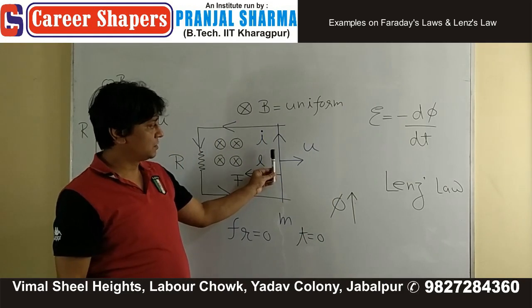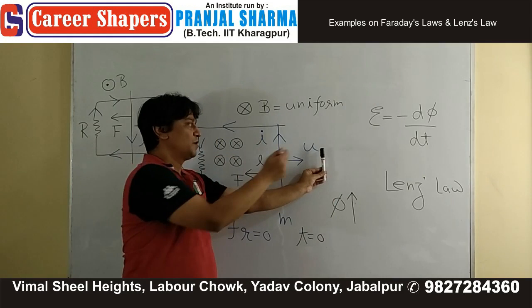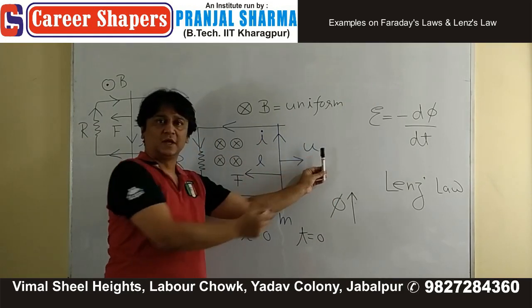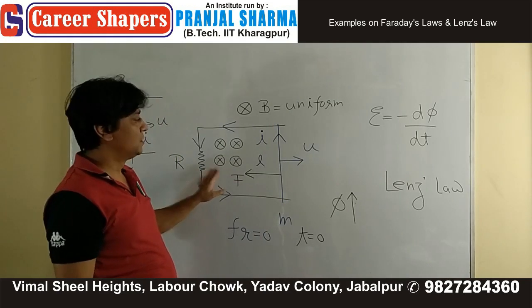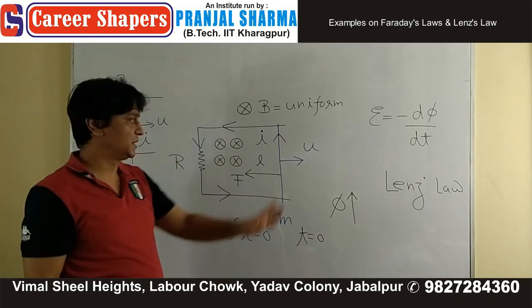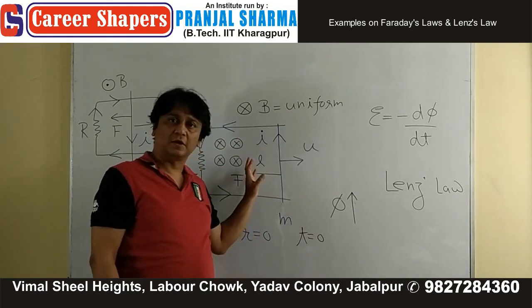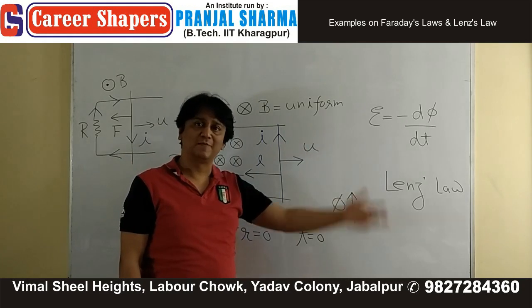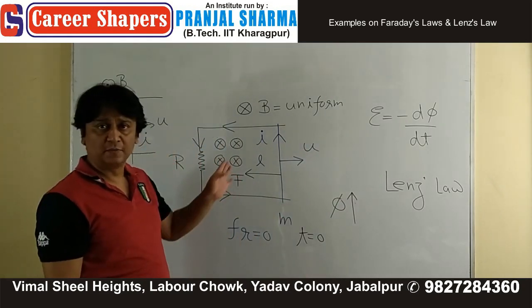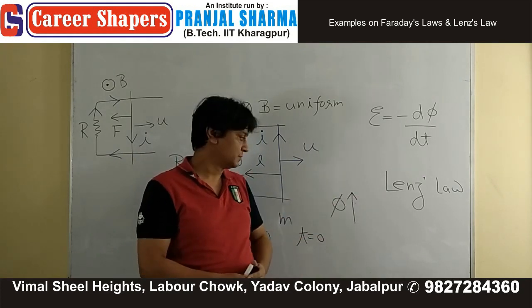When this rod moves to this place, more number of magnetic field lines are now present inside the closed loop. Very easy for you to visualize, nothing special. As the rod moves, the whole thing, its area increases. Area increases means more number of magnetic field lines are passing that area. So you are saying that flux is increasing.